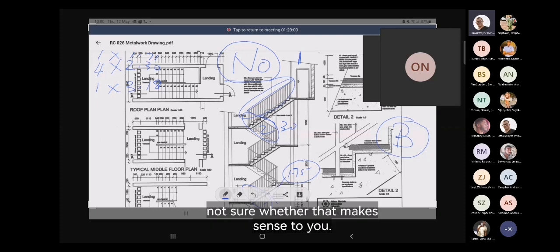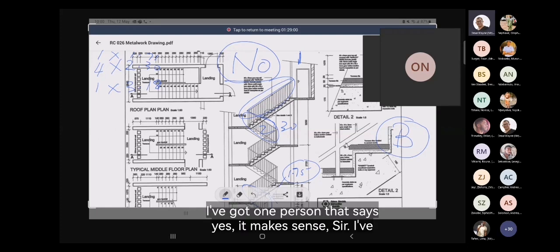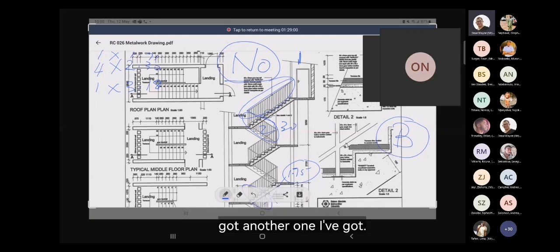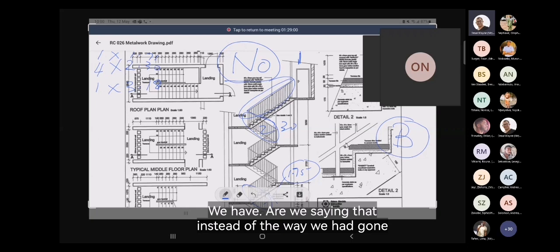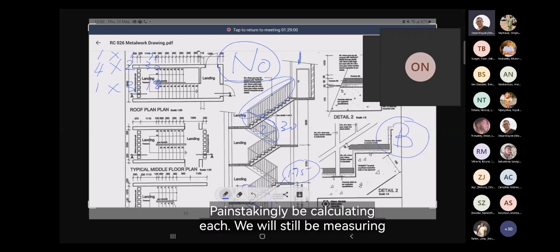I'm not sure whether that makes sense to you. Right? I've got one person that says, yes, it makes sense, sir. I've got another one. Whereby we're saying that instead of the way we had gone through painstakingly calculating each, we will still be measuring the length of each one, but we will now include all of that in the description.